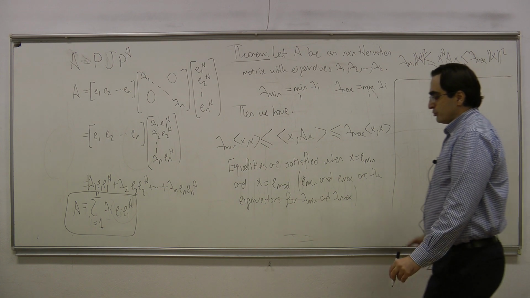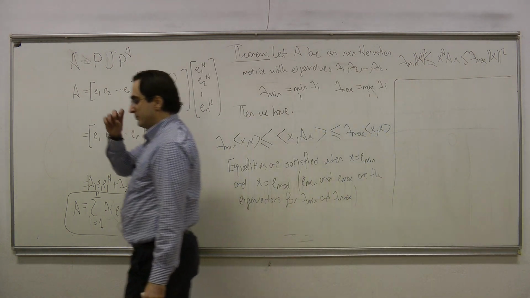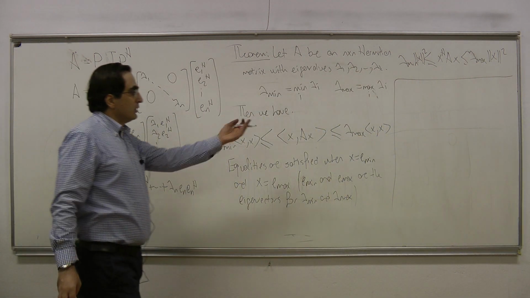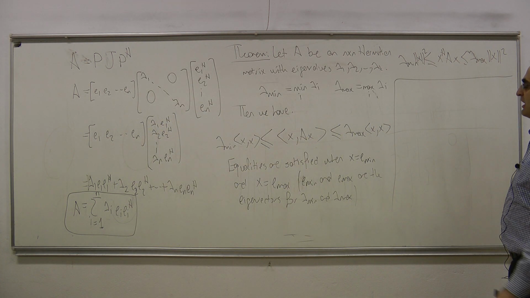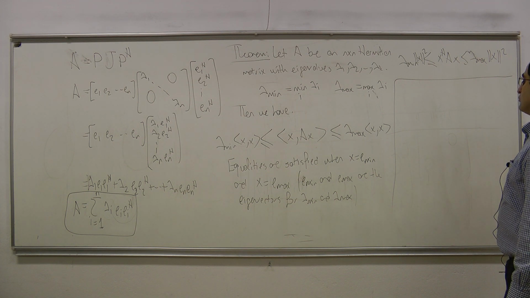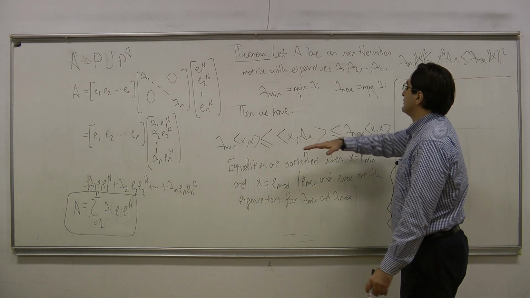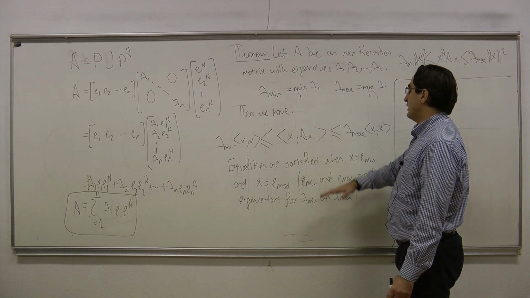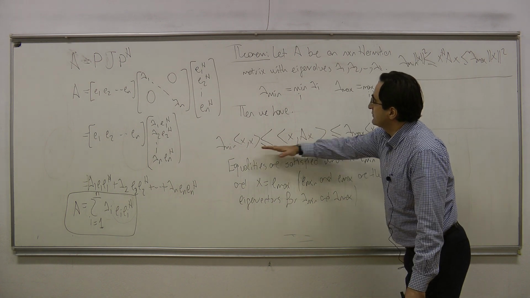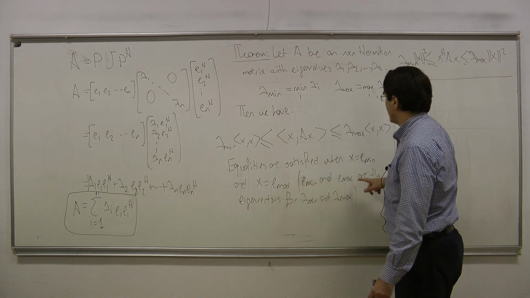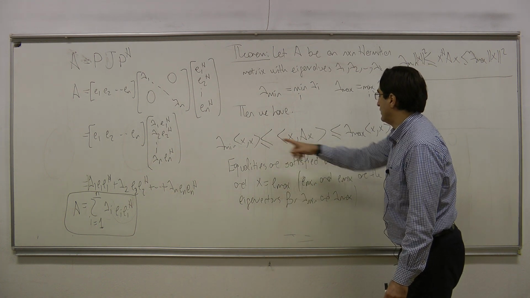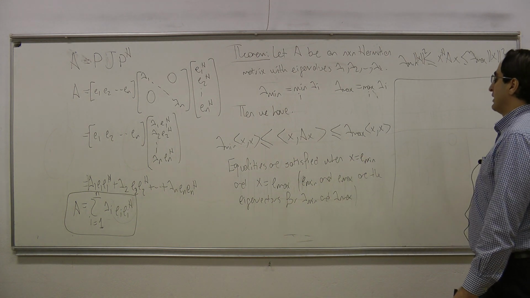I'm not going to be able to prove this because of lack of time. Instead, I'm going to look at some useful property that we can derive from such a theorem. We are told that this inequality holds, and I can even satisfy the equalities by choosing x as the corresponding eigenvectors for lambda min and lambda max.